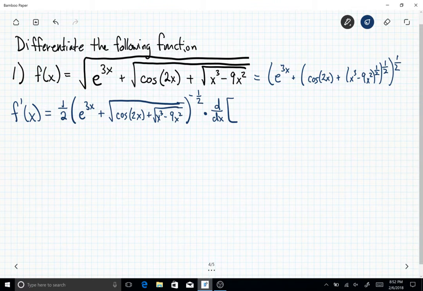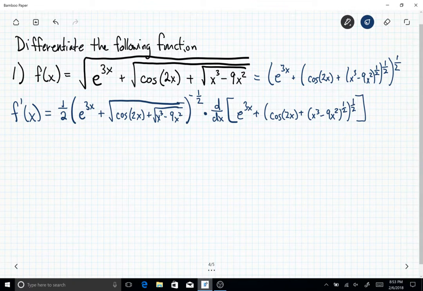Now is where I'll write it in terms of the extra pieces here. So you have e to the 3x plus cosine of 2x plus x cubed minus 9x squared, and that one's raised to the 1/2, and this one's raised to the 1/2. But notice the e to the 3x is not there anymore, because we already took care of that.